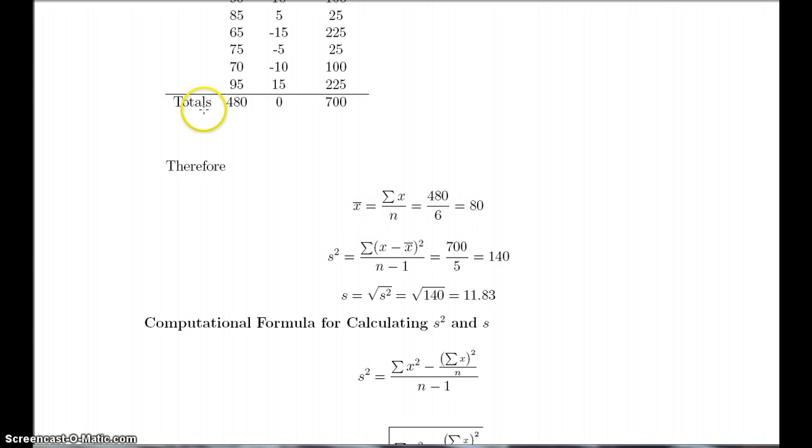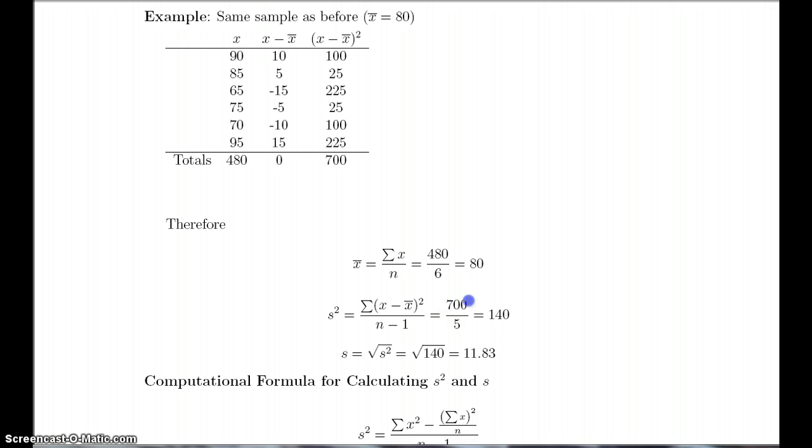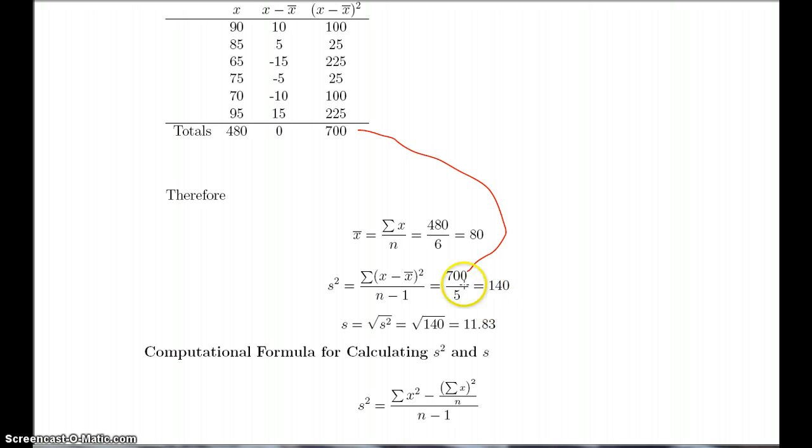Now s square: the numerator is the sum of x minus x bar square, and here we have x minus x bar square for each one of the measurements. We sum them to get 700, so that's where the 700 comes from. Now we divide by n minus 1, which is 6 minus 1, 5.